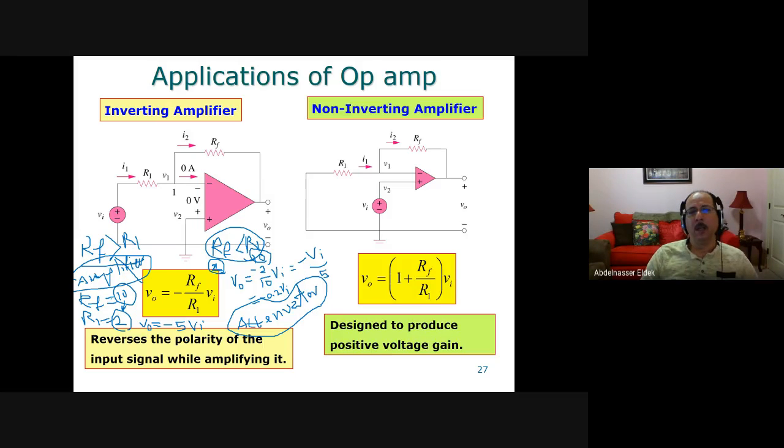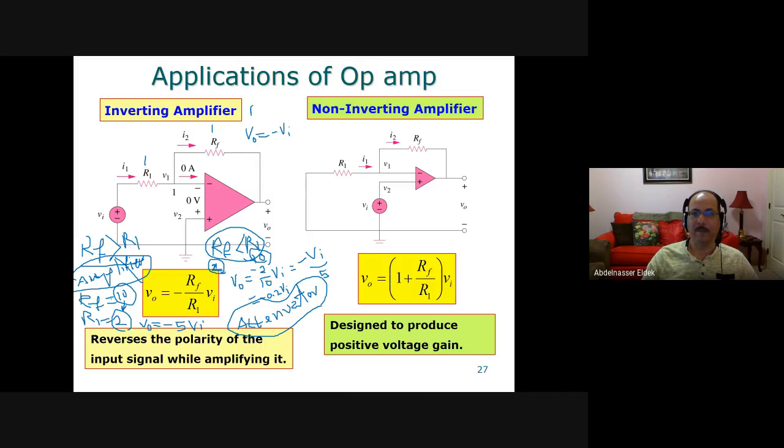Okay. What if RF and R1 are the same? Like this one here. Assume that RF is 1, R1 is 1. What will happen? In this case, VO equal negative 1 over 1 times VI. So it will be negative VI.